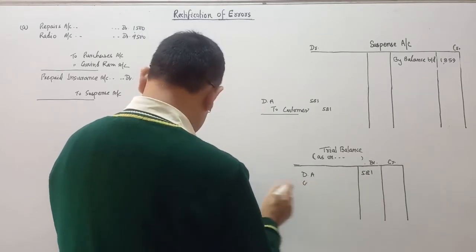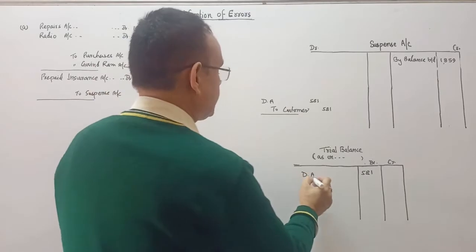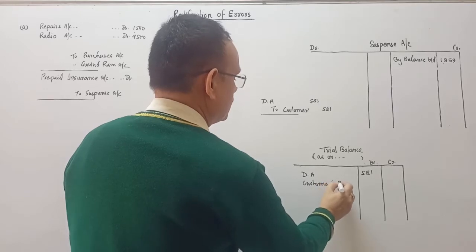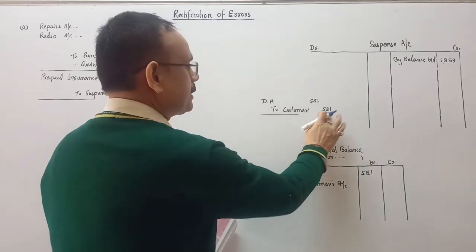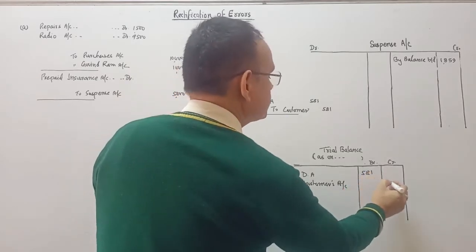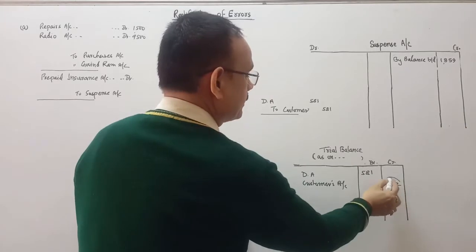But as far as the customer account is concerned, the customer account has been credited. It should be credited with 581, but it is credited with 562. The mistake is here.